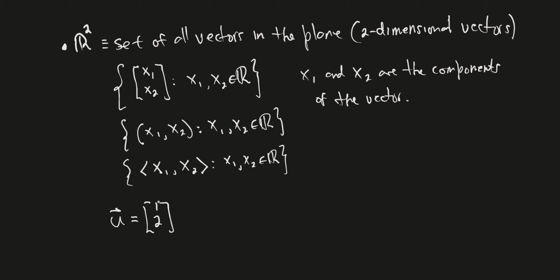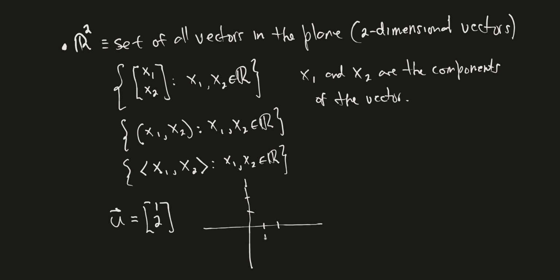Well, we can actually represent this geometrically. Now, when you talk about a vector as opposed to a point, the first component of the vector is usually represented on the horizontal axis.